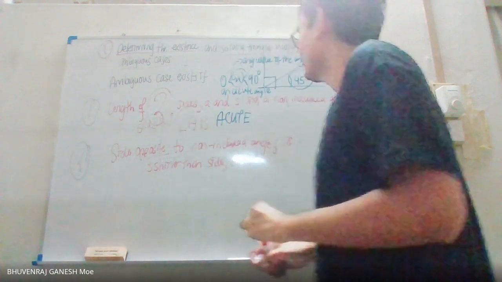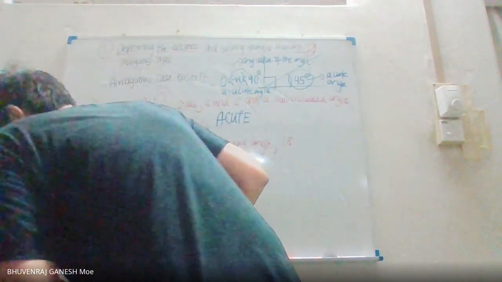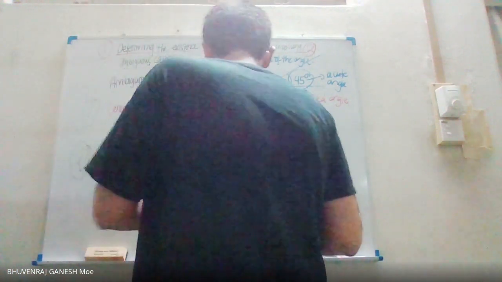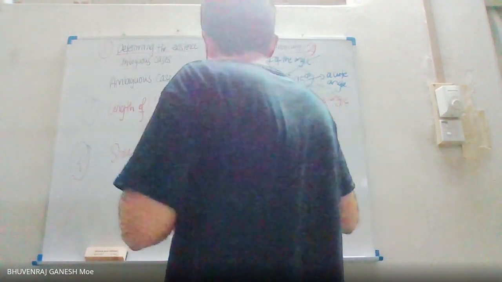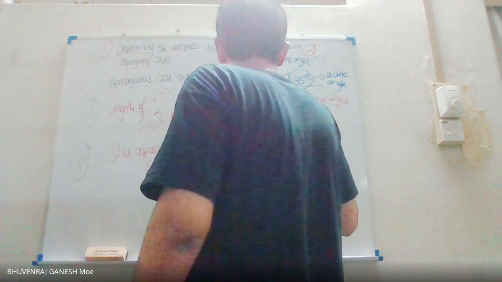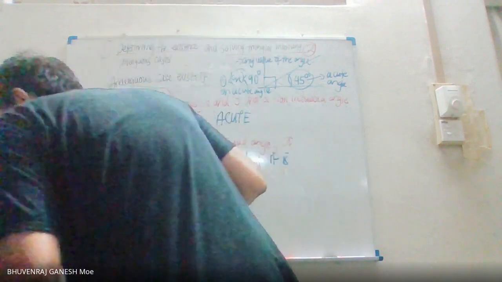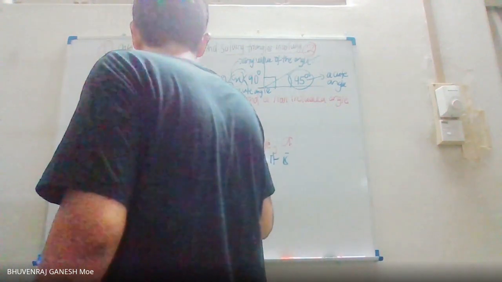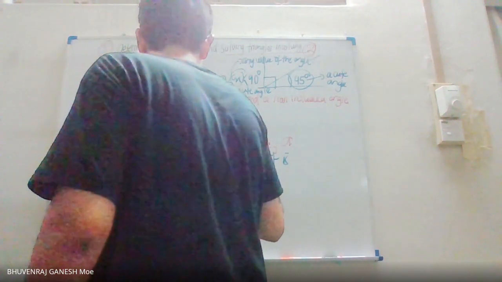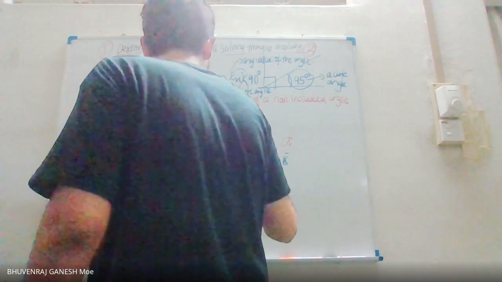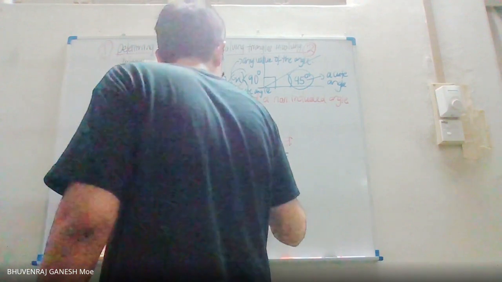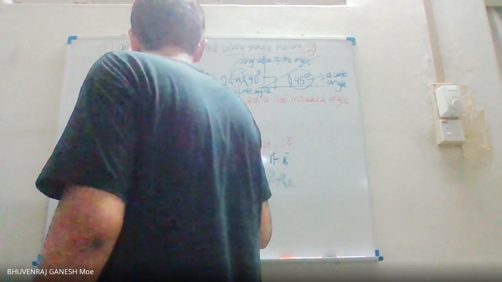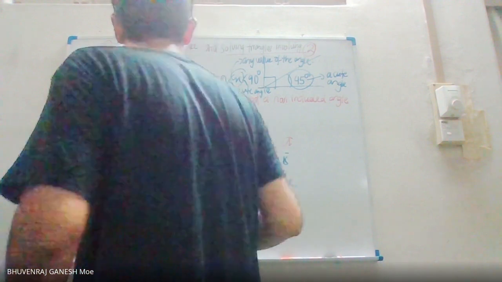So the side opposite to the non-included angle must be shorter than side C. But there's also another condition: it is longer than the height of the triangle. So these are the two conditions.